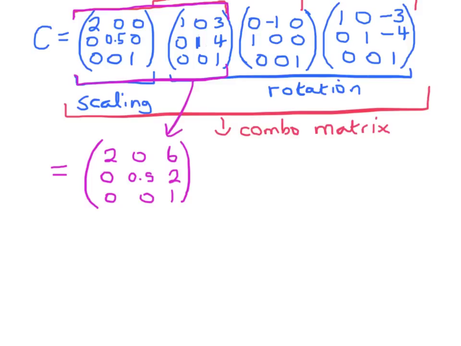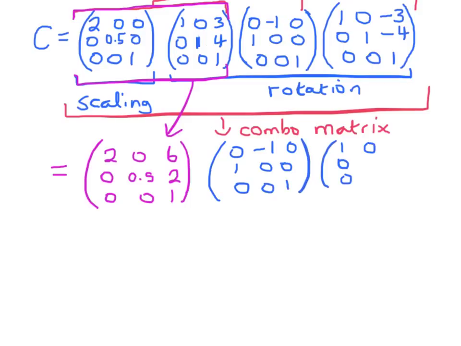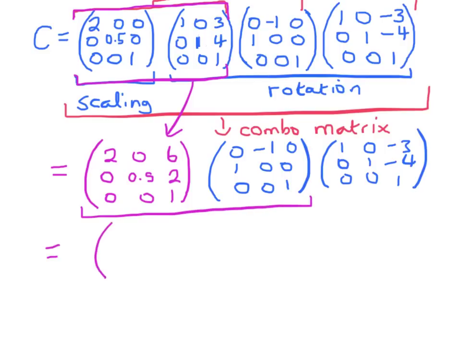So the multiplication of these two matrices gives me this. I still have to multiply it by these two here: 0, minus 1, 0, 1, 0, 0, 0, 0, 1, and 1, 0, 0, 0, 1, 0, minus 3, minus 4, 1. Now what I suggested for you to do is multiply these two together. Again, I'm just going to write down the answer for you, and you can double check it if you haven't already done so.